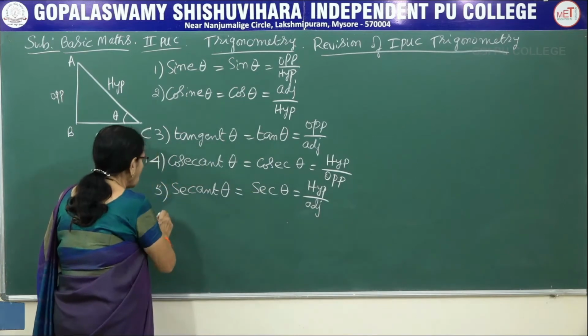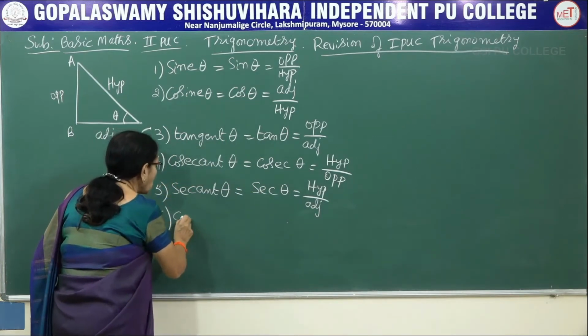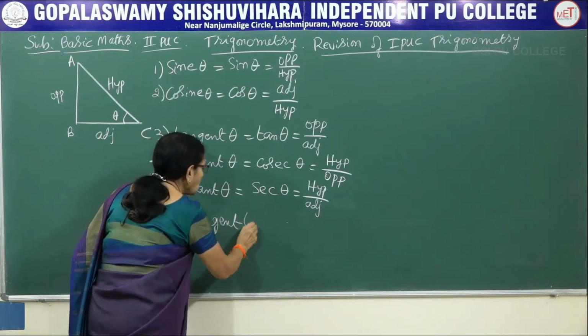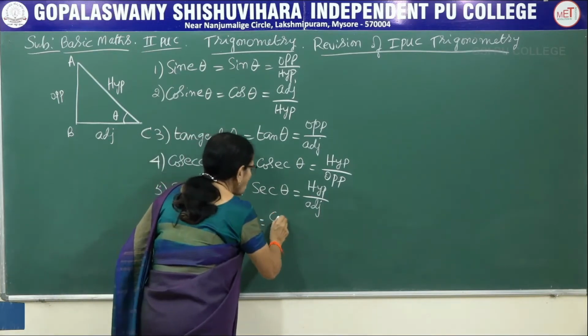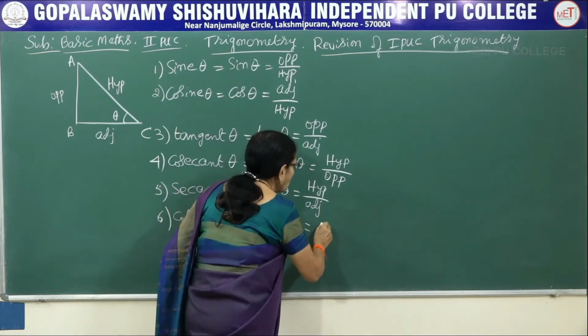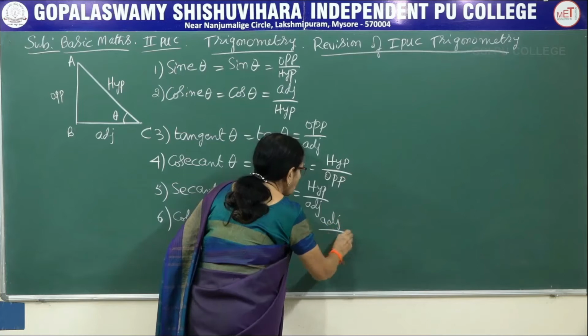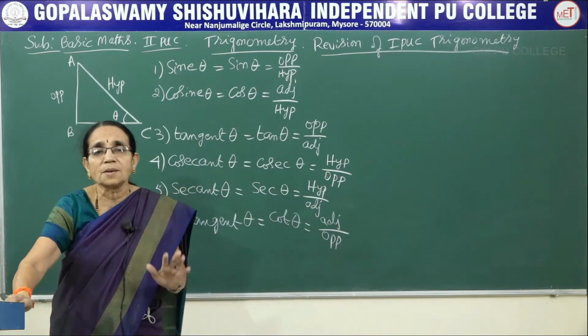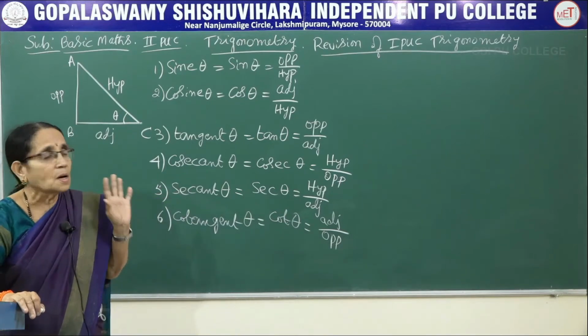And lastly, cotangent theta. In short it is cot theta. How do you define this? It is adjacent over the opposite side. So these are called the 6 basic trigonometric ratios.